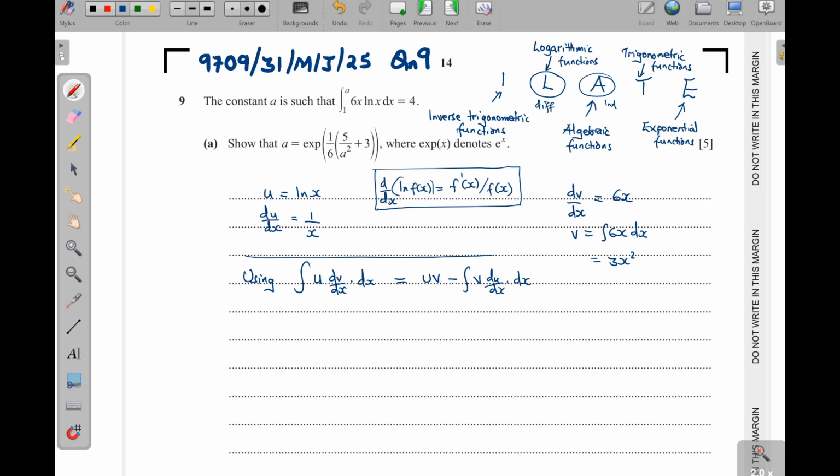Now we are going to substitute here. So when we integrate from 1 to a of 6x natural log of x dx, we shall have our u is natural log of x, then times v, which is here.